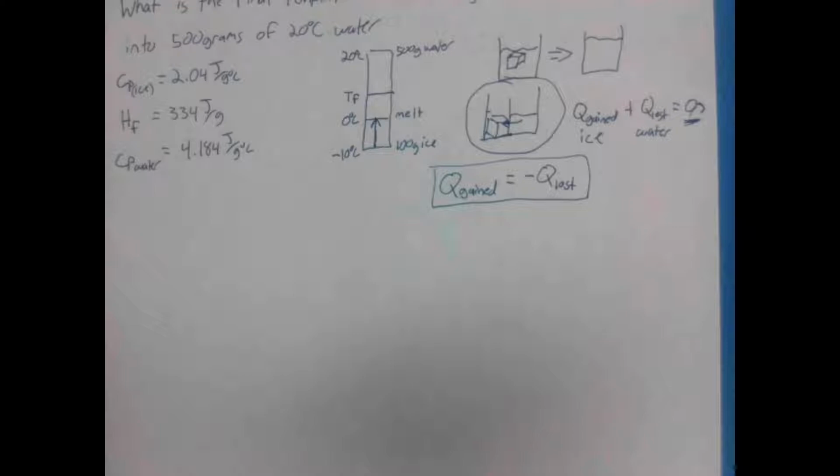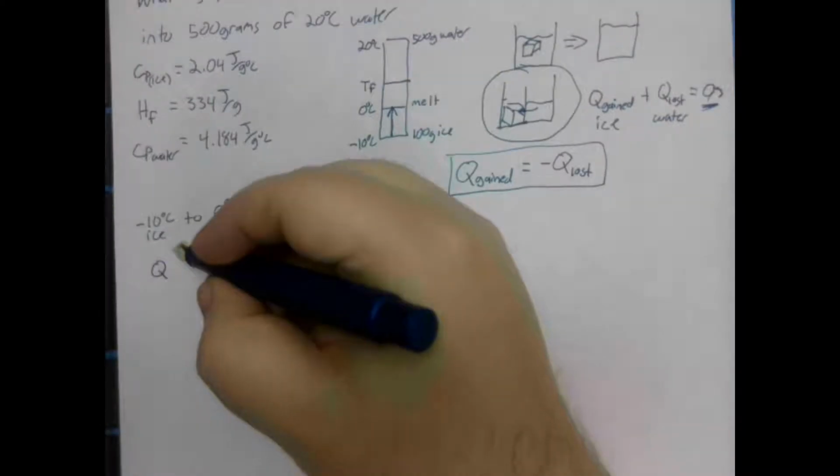We're going to have from negative 10 degrees Celsius ice to 0 degrees Celsius ice. This is a change in temperature. There are no phase changes in between. So we're going to use the change in temperature heat equation.